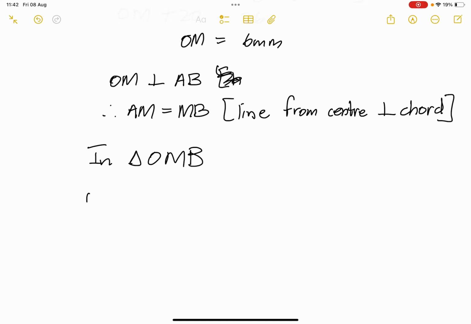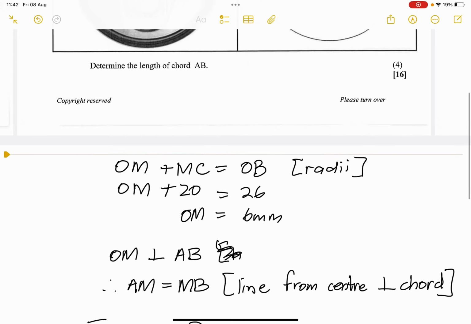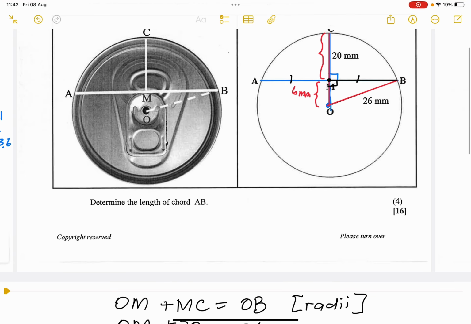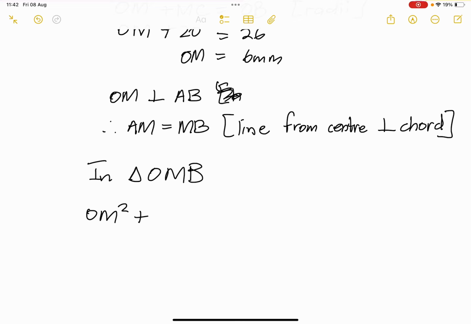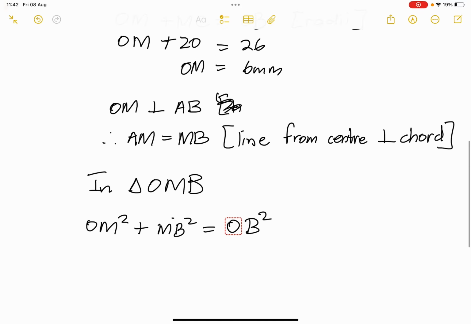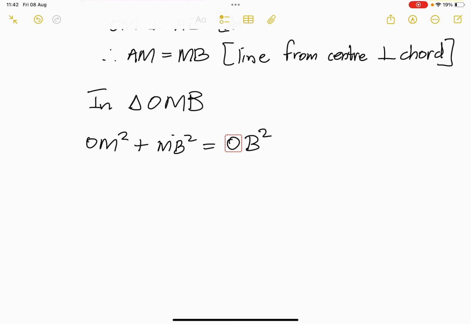OM squared plus MB squared should be equal to the radius OB squared, which we were given to be 26.